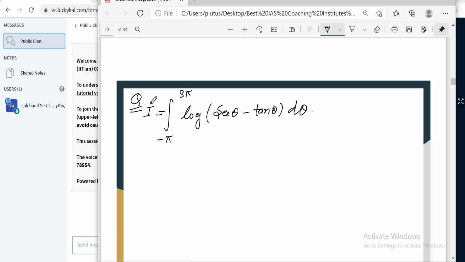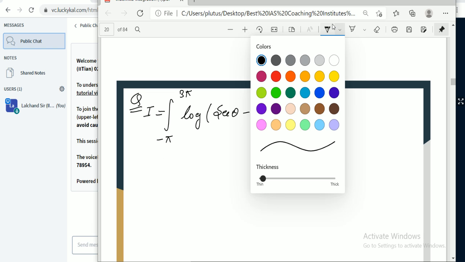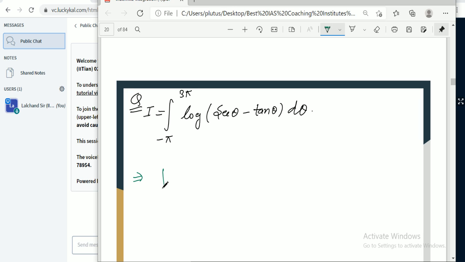Okay, let us try to apply that property here. If we apply integral a to b f(x) dx, that will be equal to integral a to b f(a plus b minus x) dx, this property.